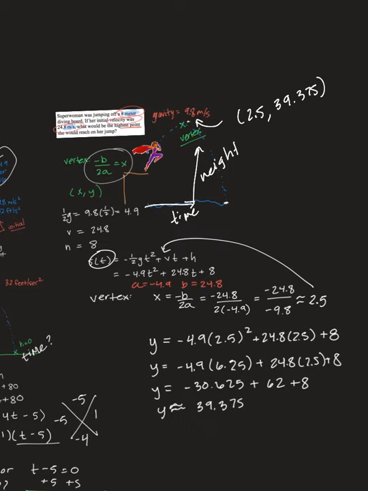And going back to the original problem, we want to know what would be the highest point she would reach on her jump, and that's talking about the second number here. So right here is where our answer would be, but again, we have to make sure we put our units, and for this problem, it is meters. And that would be our final answer, 39.375 meters.